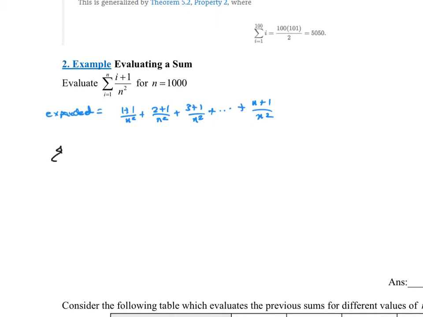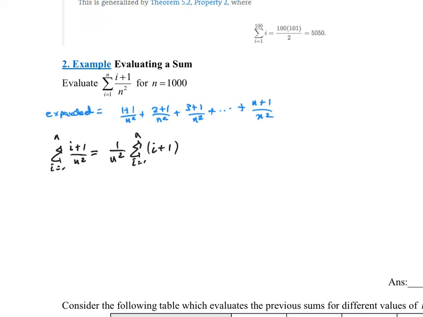So the sum of i equals 1 to n of (i plus 1) all over n squared is the exact same thing as 1 over n squared times the sum of i equals 1 to n of (i plus 1). So we can pull that n squared out.